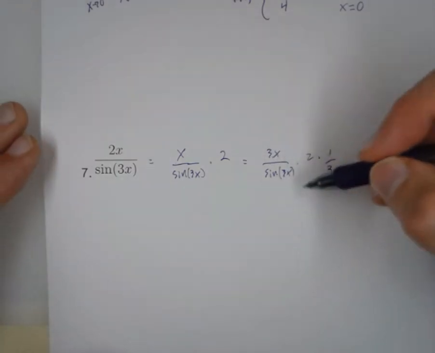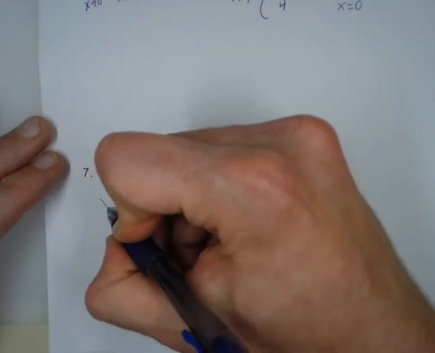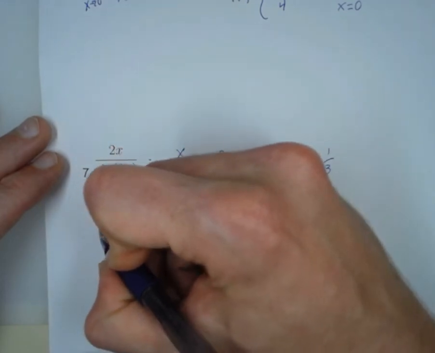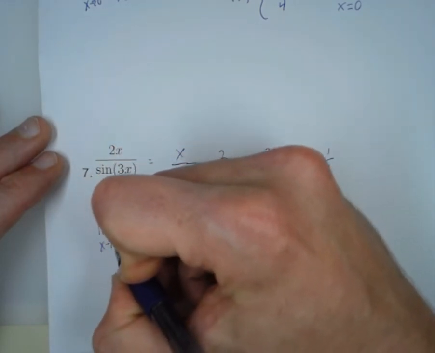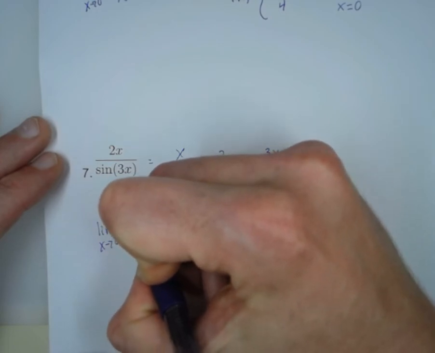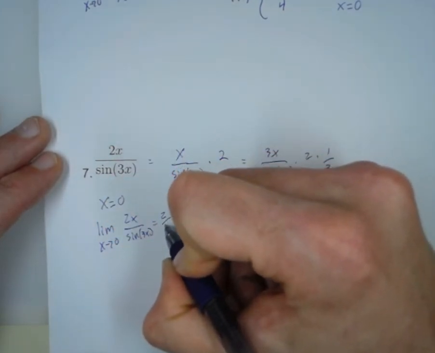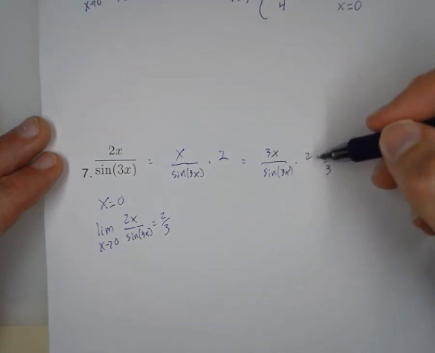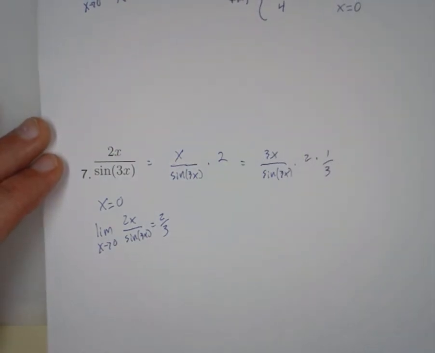So now this limit will be undefined when x equals 0. And the limit as x approaches 0 of 2x over sine of 3x is 2/3, because this is 1 times 2 times 1/3.